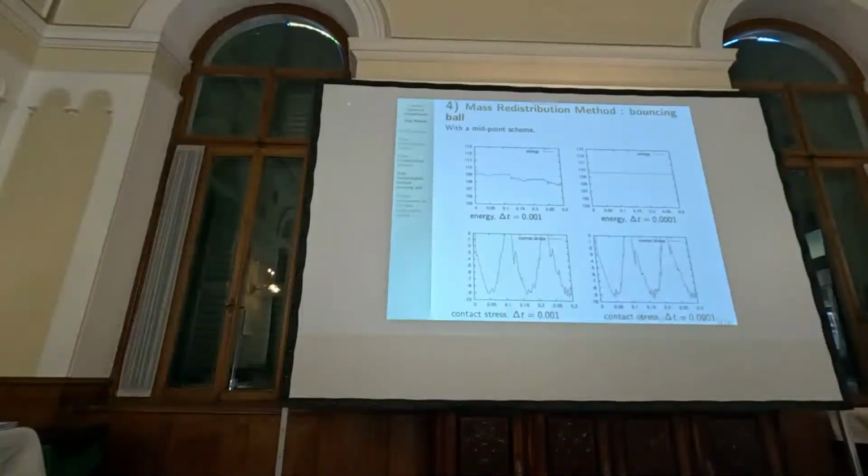And this is, for instance, the same numerical test as previously, with the same time step, and you see that there are no more large oscillations of the contact stress, and it converges when the time step goes to 0 to an energy conserving solution.